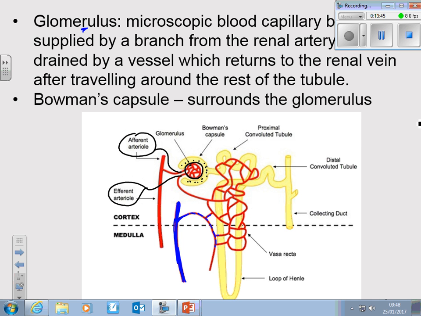The reason that we get substances forced out, this filtration process, and it's not obvious from this diagram or many of the others that you've got, is that the afferent arteriole going in is wider than the efferent arteriole coming out, so it puts the blood under pressure. So this one here should be wider than this one here. So that's our starting point for the whole process.